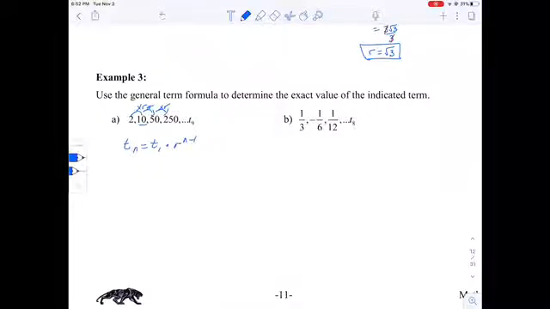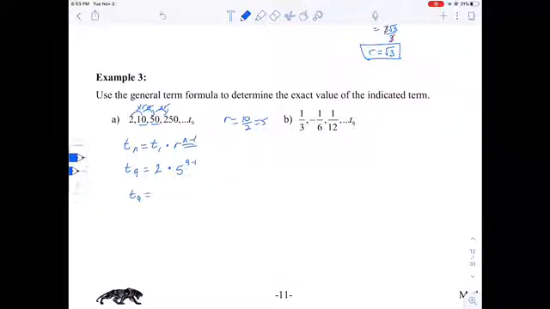So to get term 2, again, I multiply by my ratio once. To get term 3, we multiply the ratio twice. So to get term 9, we're going to multiply by the ratio 8 times. So term 9 is term 1, which is 2, times my ratio, which is 10 divided by 2, which is 5, to the power of 9 minus 1, which is 8, right?